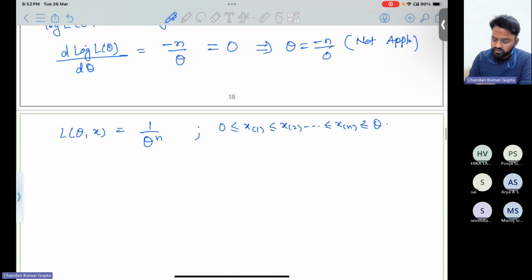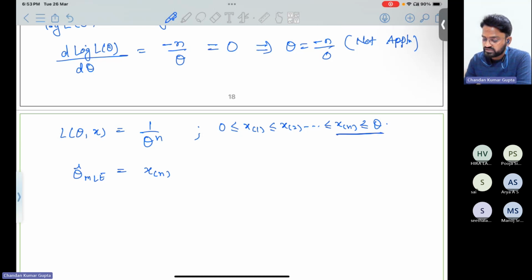So now the value of theta is what? Can anyone tell me? Because the smaller value of theta gives the larger value of this, the smaller value of theta will be xn. Exactly, because theta is greater than or equal to xn.